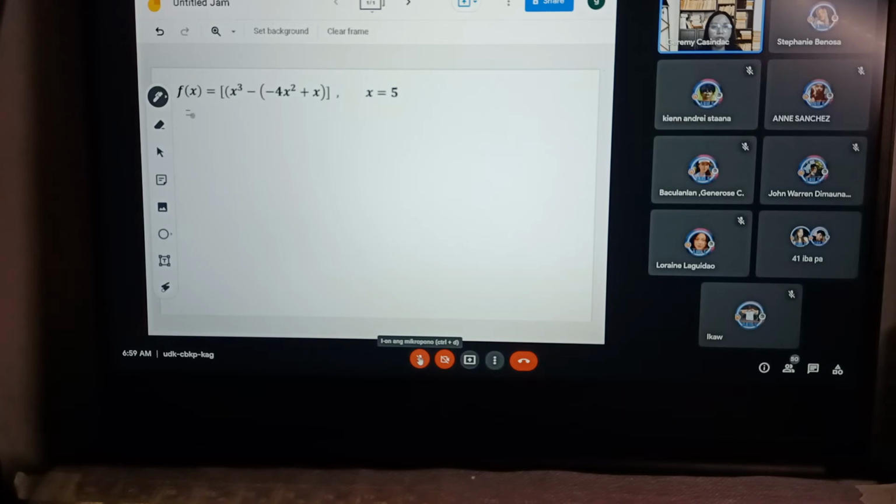Now we have quantity 5 raised to 3 minus quantity negative 4 times 5 raised to 2 plus 5.